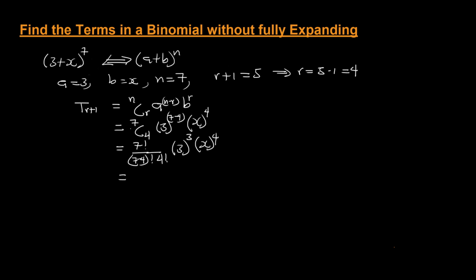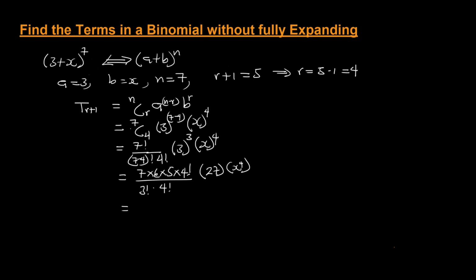This then gives us 7 times 6 times 5 times 4 factorial. We stop here because we have 4 factorial in the denominator, divided by 3 factorial times 4 factorial. Now from here, we see that 27 times x to the power 4.